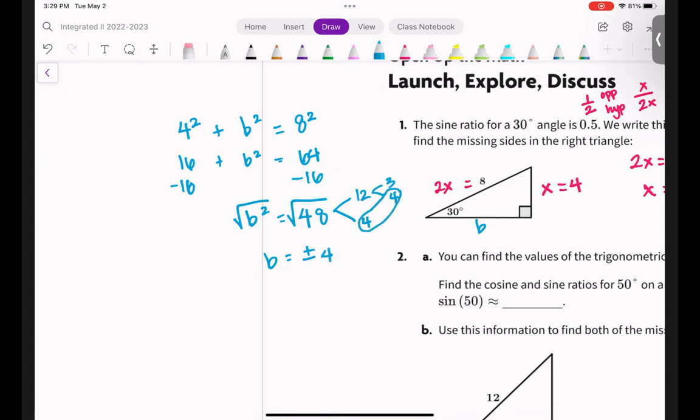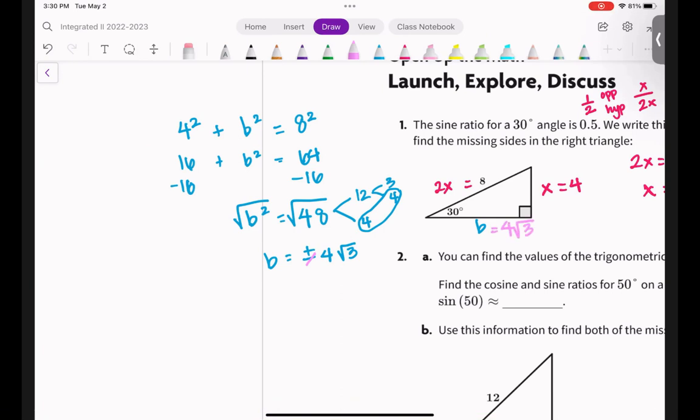So that's 4 root 3. Sometimes I go down even further and go 4 is 2 times 2, and 4 is 2 times 2. But if I see a pair, then I'm going to pair them up earlier rather than doing all that work. Now I'm going to cross off my negative because we're talking about the side length of a triangle. So in this case, it's 4 root 3.